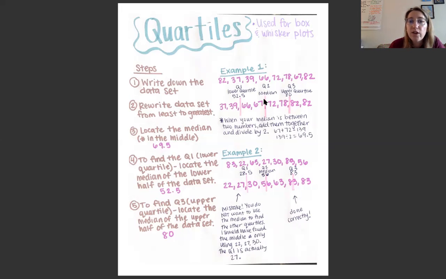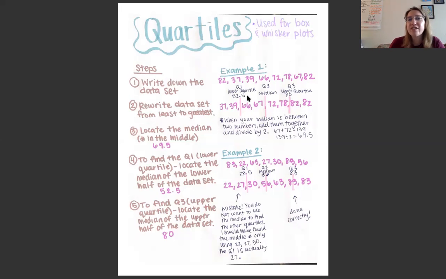Then only looking at these 4 numbers right here, you're going to find the median of those 4. So you would cross off the outer ones, it leaves you with those 2. So again, you would add 39 plus 66 and divide it by 2, and that gives you 52.5 is the lower quartile. So it's like you're finding the median of the median-ish.